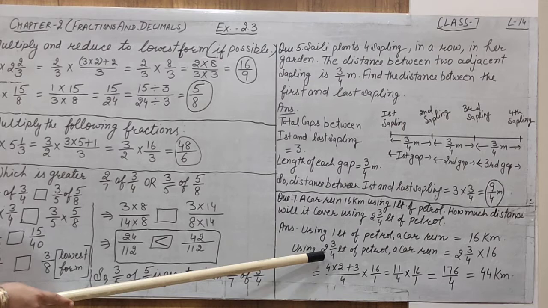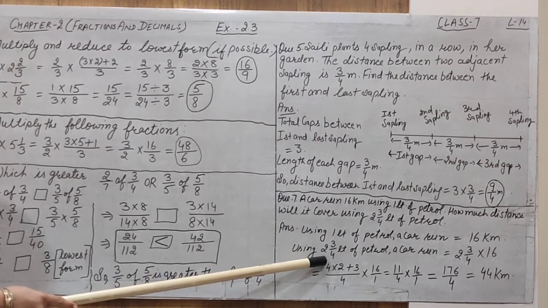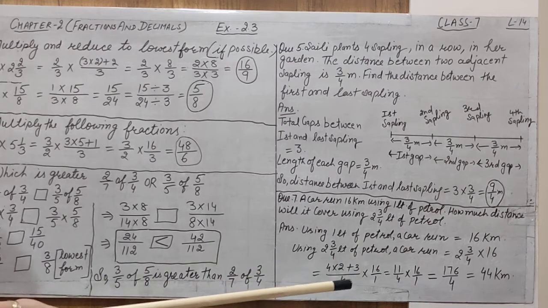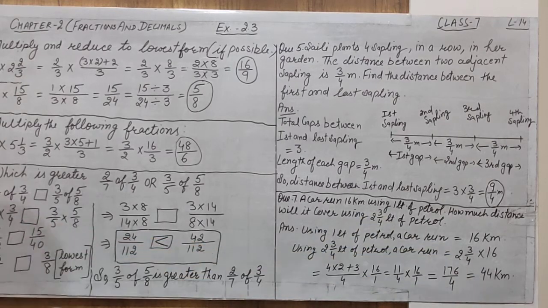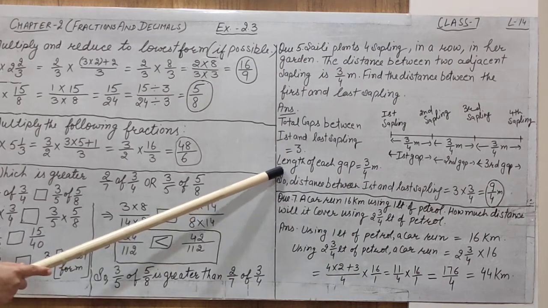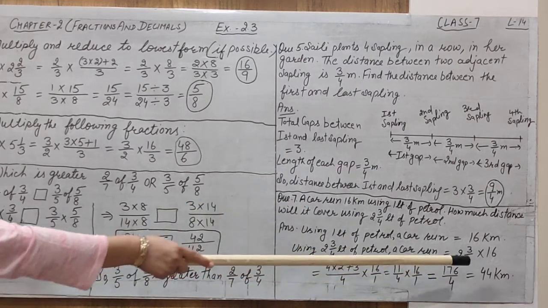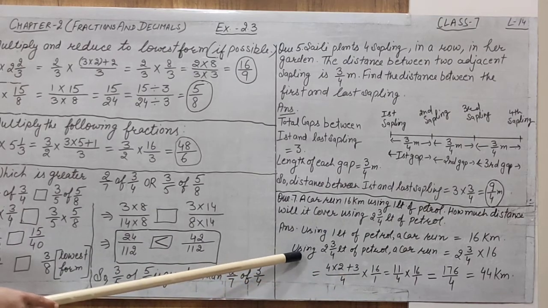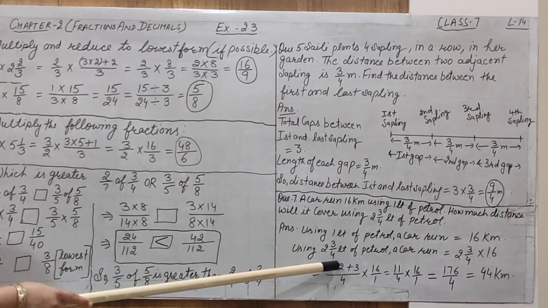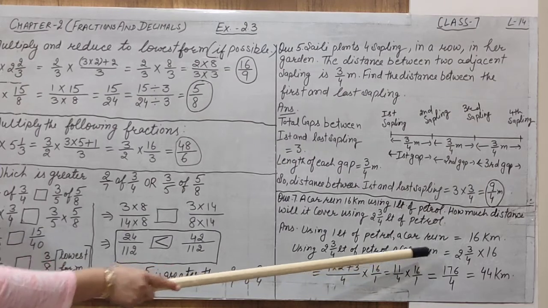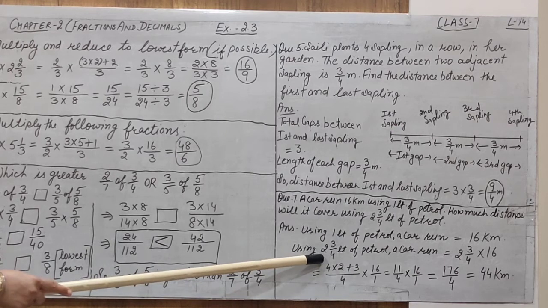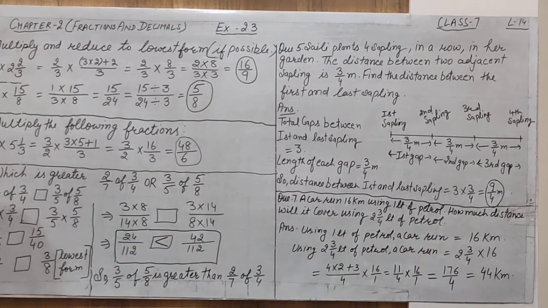As we did in the previous question, we have to multiply to find any increased value. So using 2 3 by 4 liters of petrol, a car runs. We have to multiply this quantity of petrol with 16 so that we can find the distance.